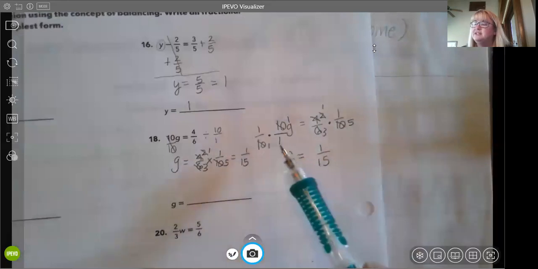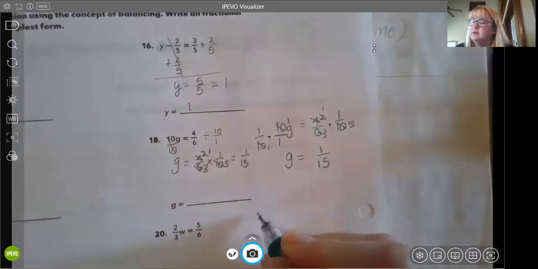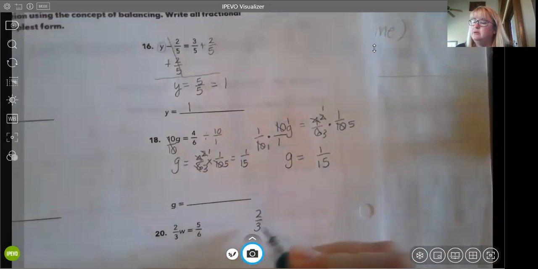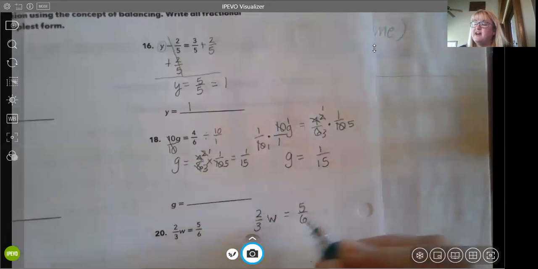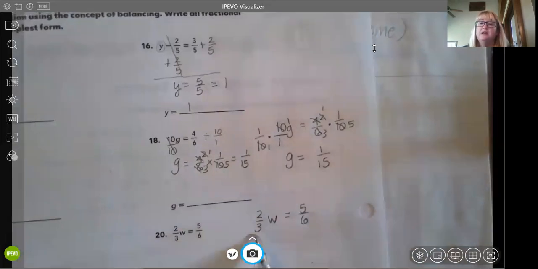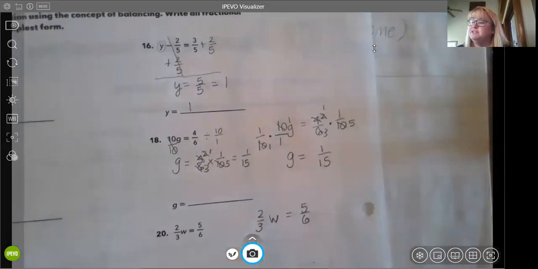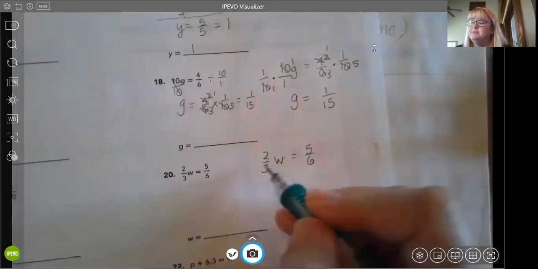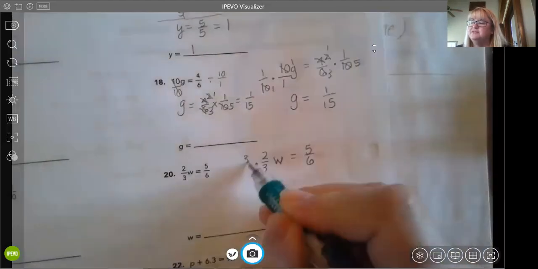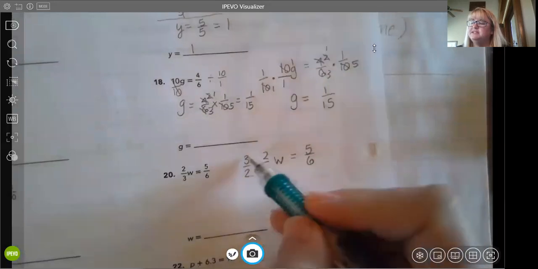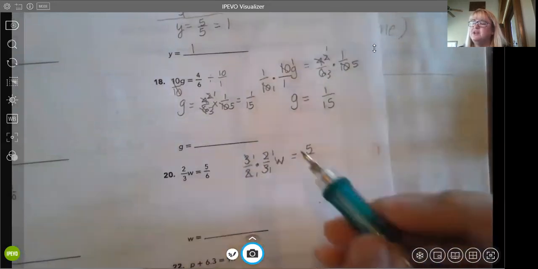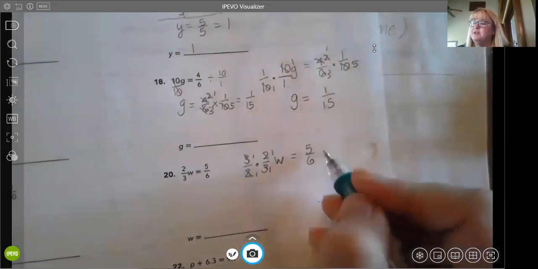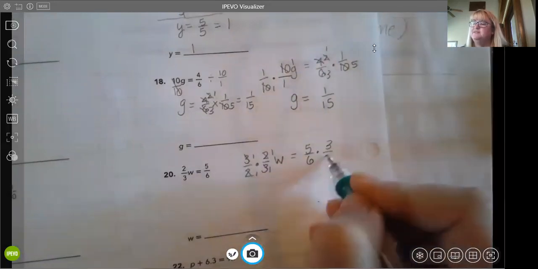All right, let's look at this one, 20. Instead of dividing by 2/3, we are going to multiply by the reciprocal. So the reciprocal of 2/3 is 3/2. The 3's cancel out to 1's, the 2's cancel out to 1's. But if I multiply the left by 3/2, I have to multiply the right by 3/2.